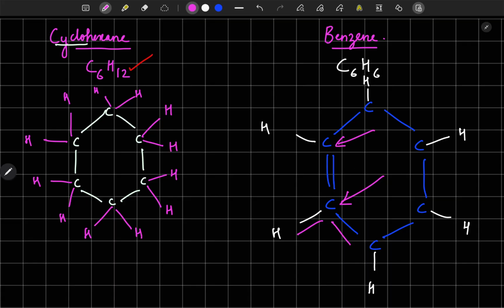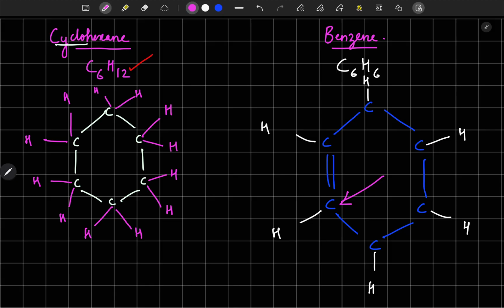You can count the number of bonds: 1, 2, 3, 4. A double bond is considered as 2 bonds. Similarly, this carbon atom also has 1, 2, 3, 4. So when I introduce one double bond, 2 carbon atoms get 4 bonds each.